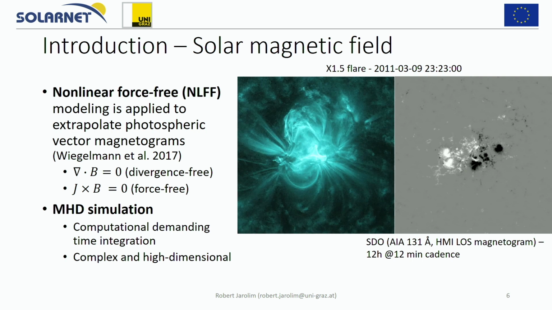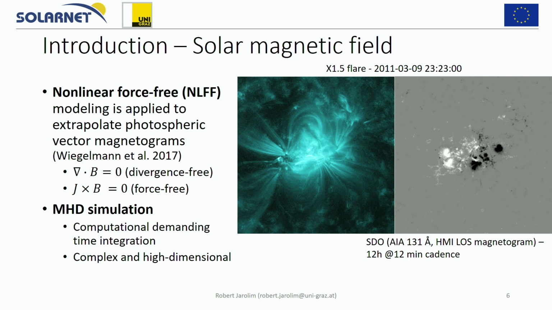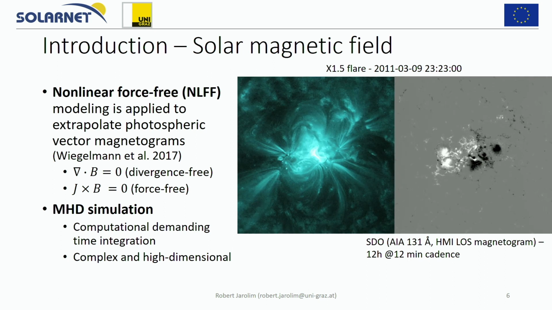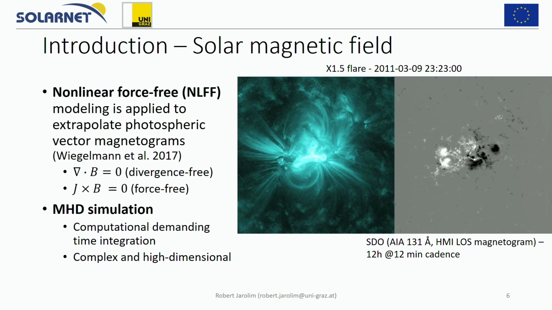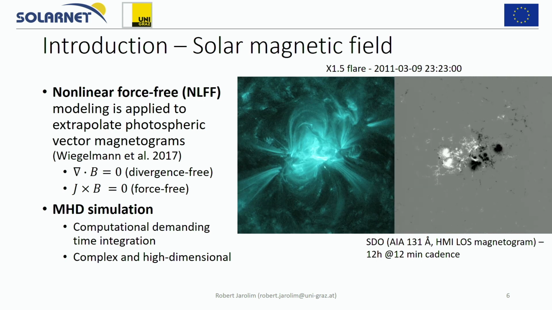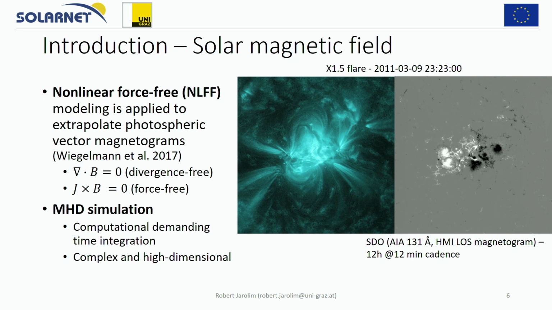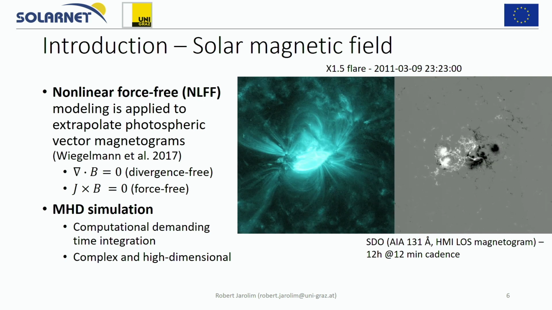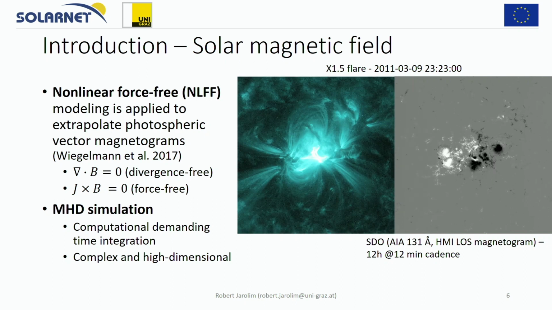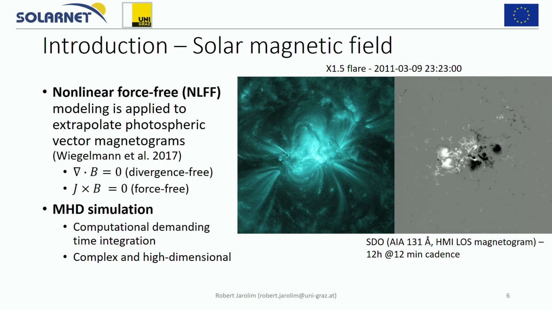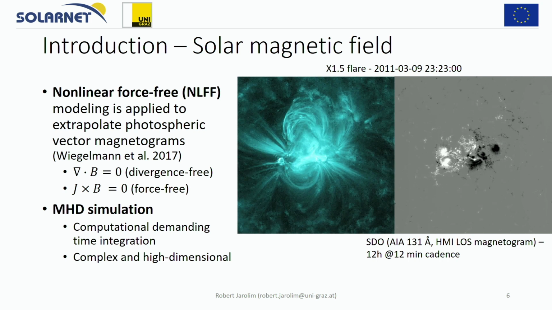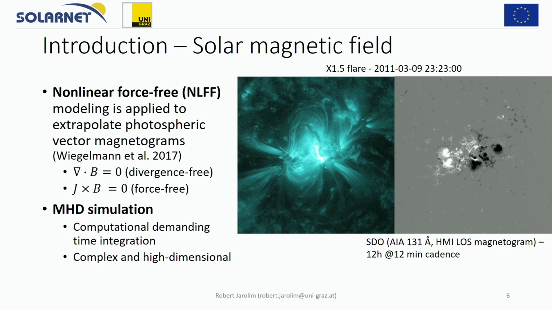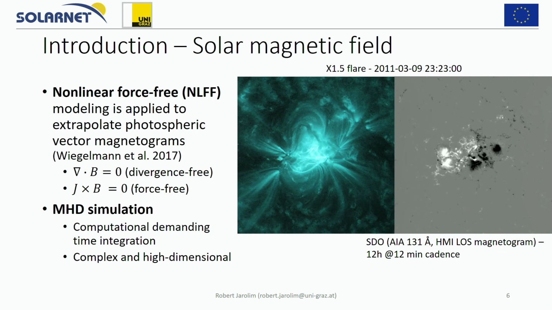So for this reason, there are common approaches that are applied. A valid approach for estimating the magnetic field in the upper atmospheric layers, specifically in the solar corona, is the nonlinear force-free extrapolation methods. Here we use the photospheric vector magnetograms that we observe as boundary condition, and then we use two coupled partial differential equations, the divergence-free equation and the force-free equation, to estimate the magnetic field in the entire simulation volume.